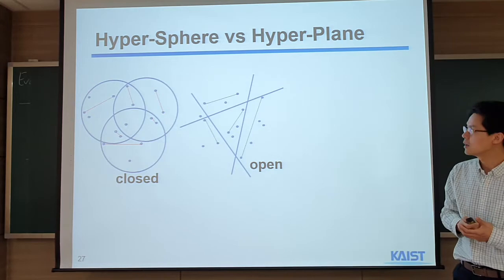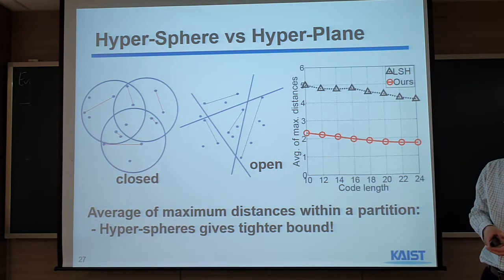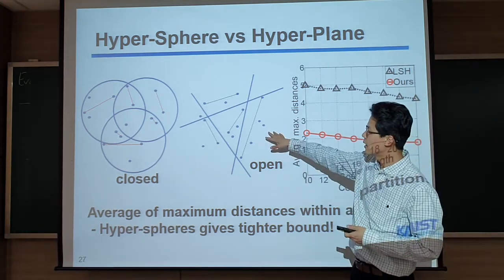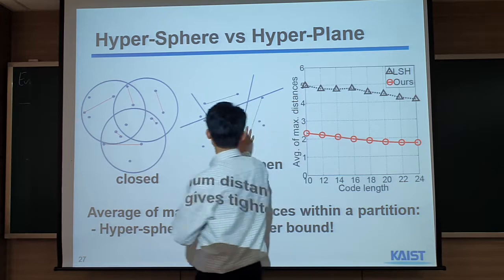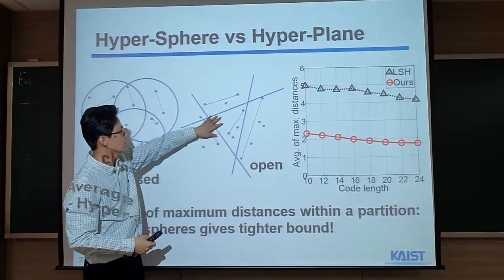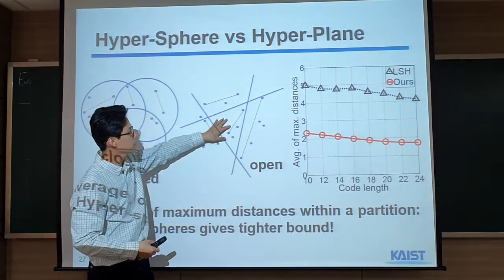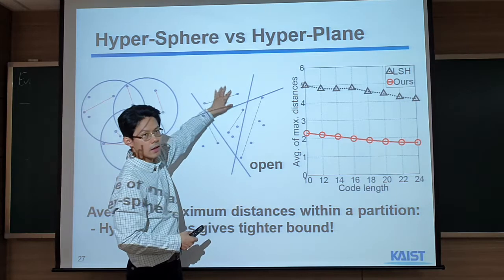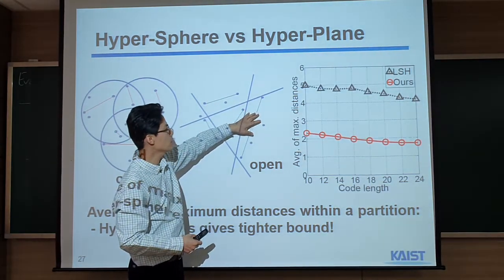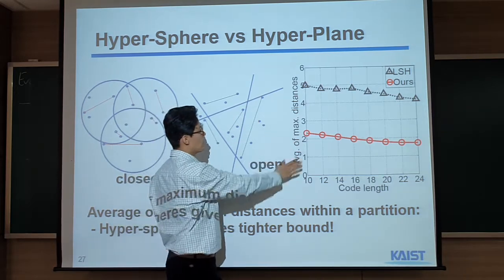But it turns out that in the case of the hyperplanes, in this region it's closed, right? But if you look at the other regions, these regions are actually open. It means that some parts of the region are bounded, but some other regions are unbounded, right?